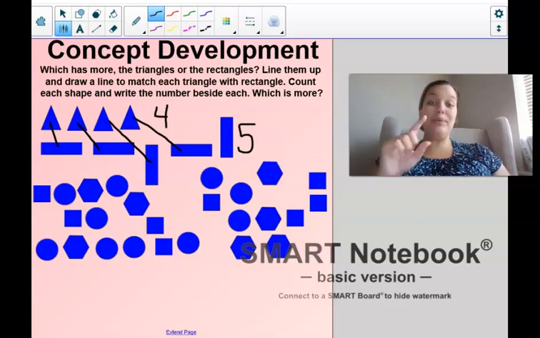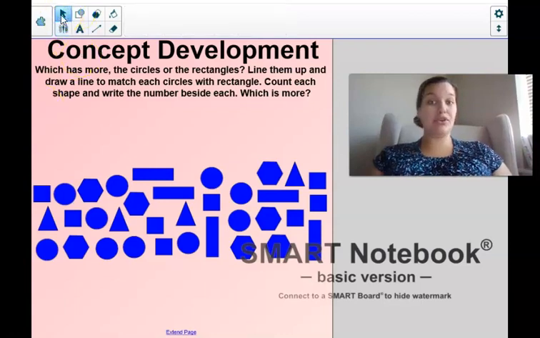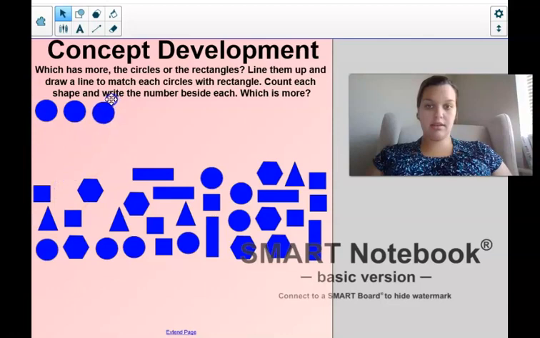Awesome job. We are going to do one more of these together, okay? We need to figure out if there are more circles or rectangles. I'm going to pull all the circles up. There are a bunch of them, aren't there?